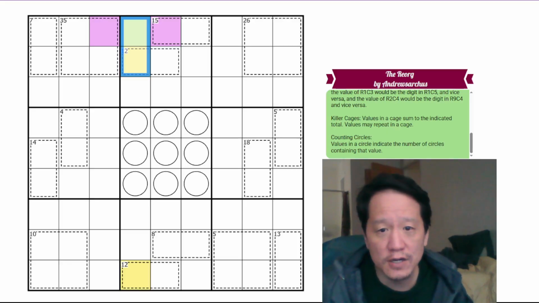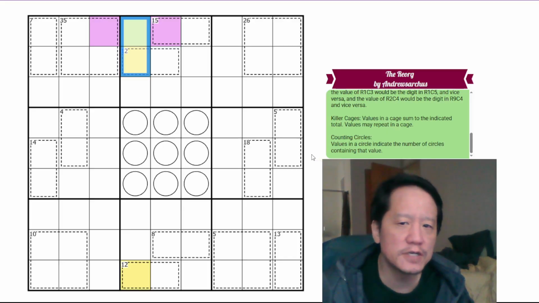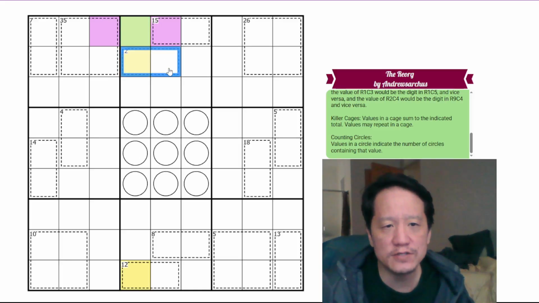And then we just have killer cages, where values in a cage sum to the indicated total. So say there was a reorg cell there, then the values of these two cells would add up to 12.